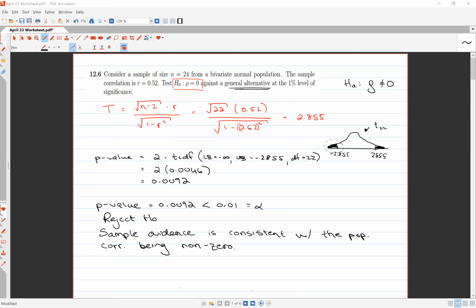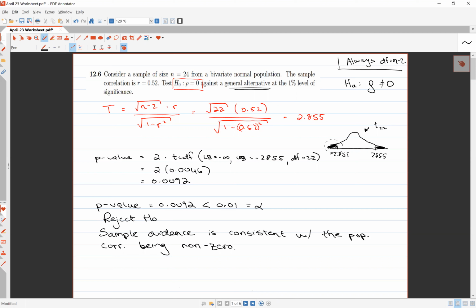I have a question about the degrees of freedom, and yes, degrees of freedom do not change depending on how the alternative is formulated. So if you're testing that the correlation is equal to 0, it will always be n minus 2 degrees of freedom. The form of the alternative here is not going to affect that.